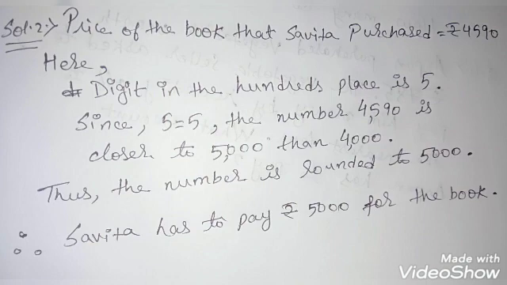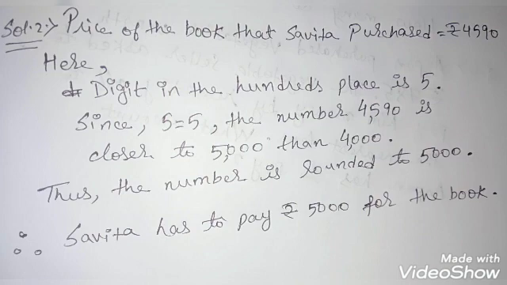The price of the book that Savita purchased was rupees 4,590. So this we are getting from the question itself, and we are writing it in the first sentence. Here the digit in the hundreds place is 5. As I already told you, when we are rounding off to the nearest 1000, we will see the hundreds place value.